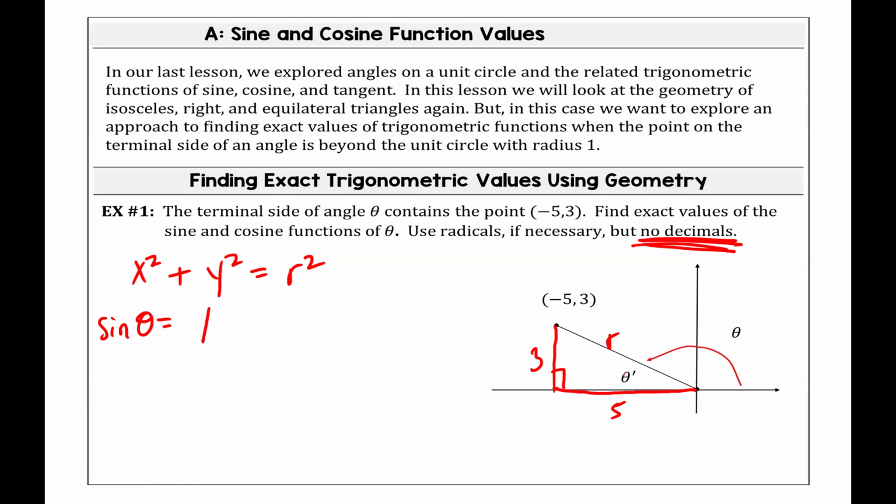So the sine of our angle is going to be our opposite over our r, right? So therefore it's our y over our r. The cosine of the angle is our adjacent over our r, and our adjacent is our x value. And the tangent of our angle is going to be y over x.